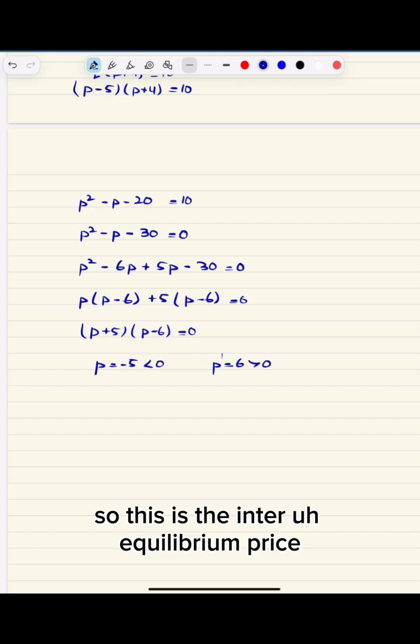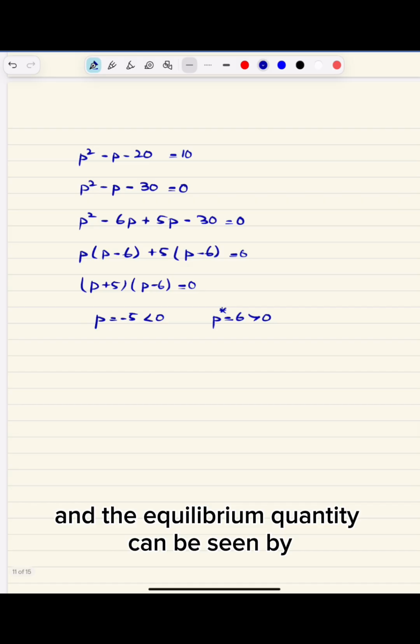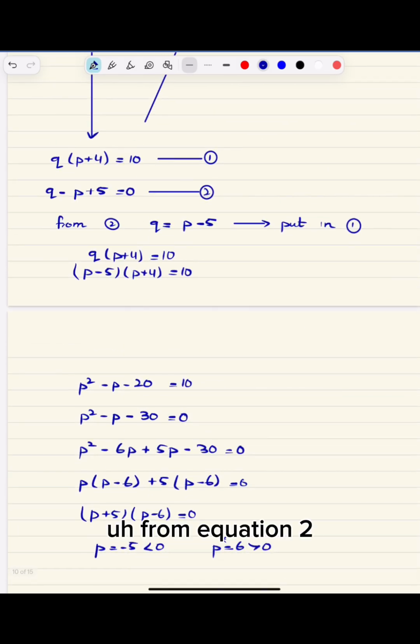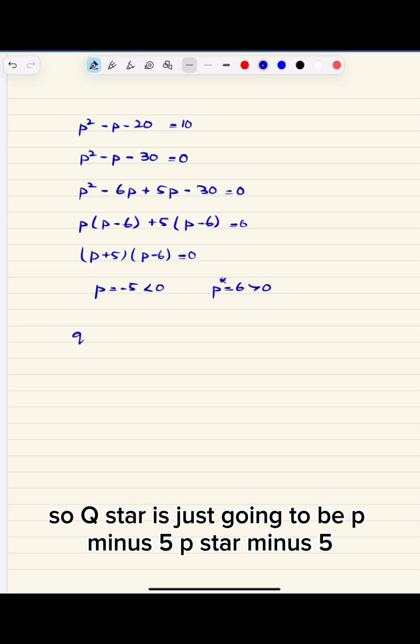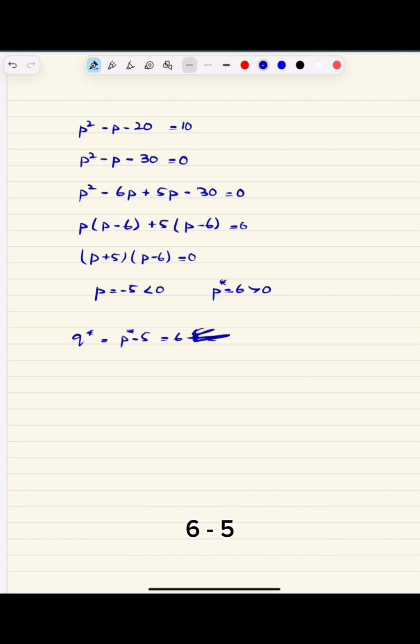So this is the equilibrium price, and the equilibrium quantity can be seen from equation 2. So q star is just going to be p star minus 5. So we have 6 minus 5.